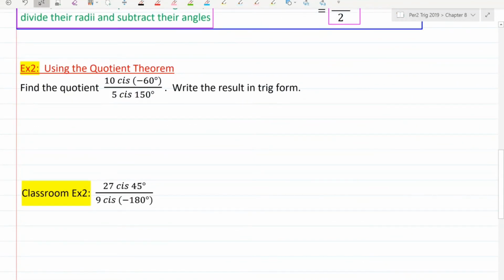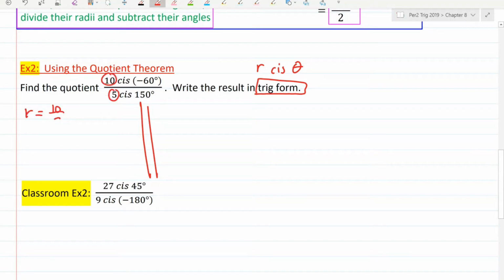We're going to write the results in trig form, which will make it easier because you can just write the radius cis the theta. For the radius, we're going to just have those divided, so 10 divided by 5 is just 2. And for the theta, we're subtracting. Here's where you have to be careful.